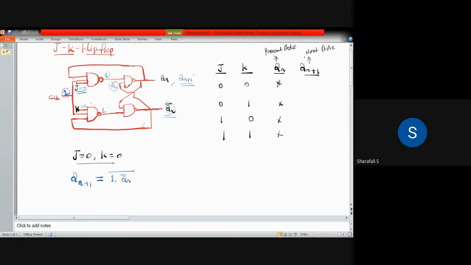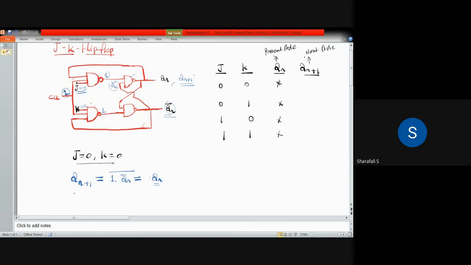From that Qn bar, it is going as an input to this NAND gate, and you have to take the product of this 1 and Qn bar, take the complement of that, and that will be the output of this NAND gate. So this one will be equal to Qn bar bar, so that is Qn. And since we do not have any output here as a binary number, 0 or 1, any high or low values, it's just Qn.